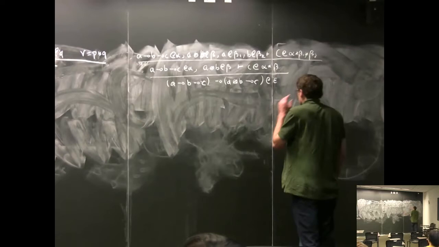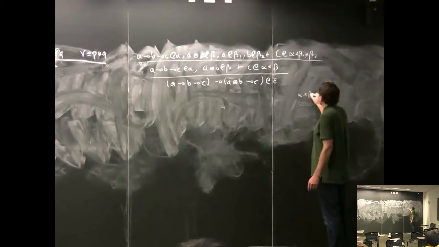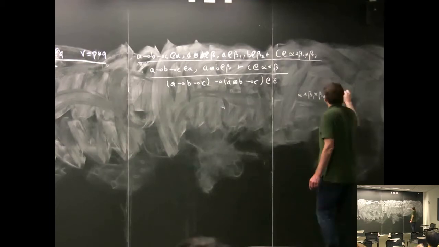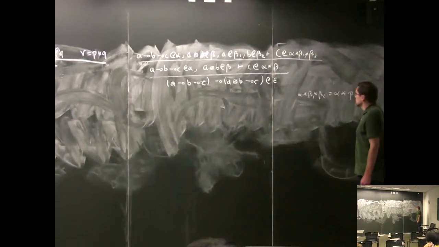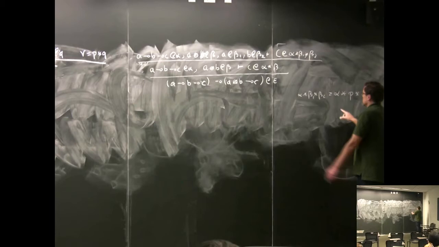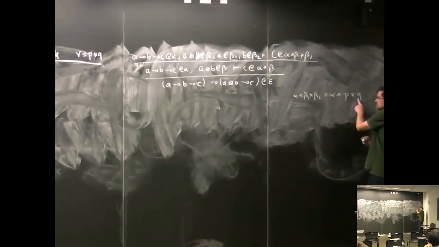So we would have to take this alpha times beta 2, and we have to equate it to alpha times p times q, right? Okay, so we can solve that because we know that this doesn't have an alpha and this doesn't have an alpha in it.